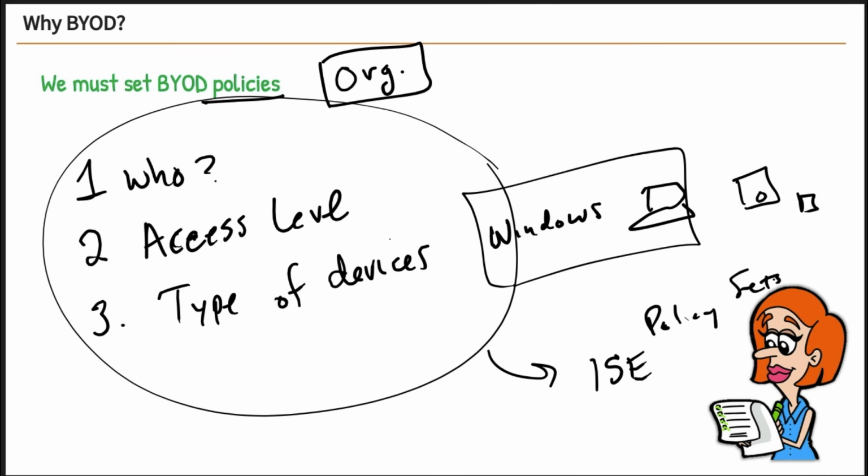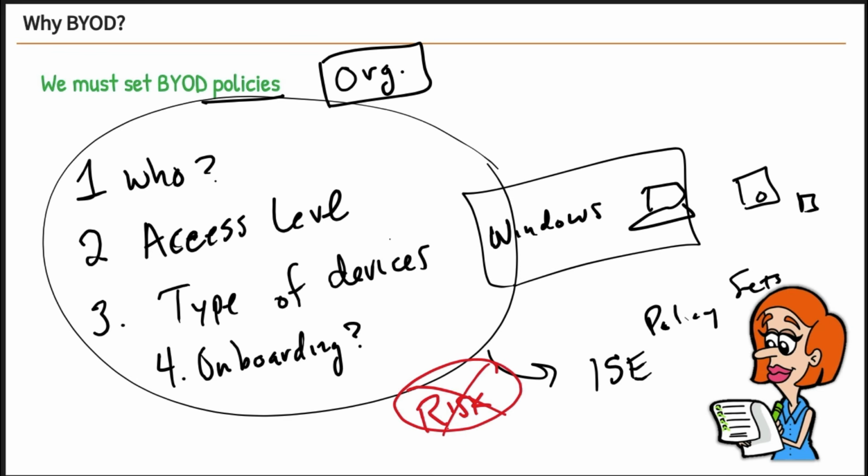So something else to consider, I'm going to put down here, is onboarding. How are we going to onboard these devices? Because there's a couple different options, of course, but really here we're looking to minimize risk. We really want to take as much risk out of the equation as possible.